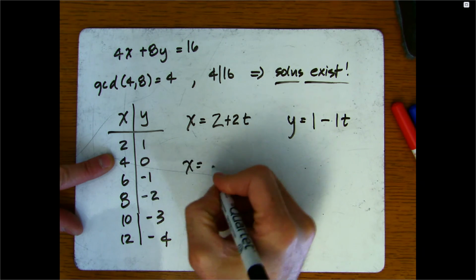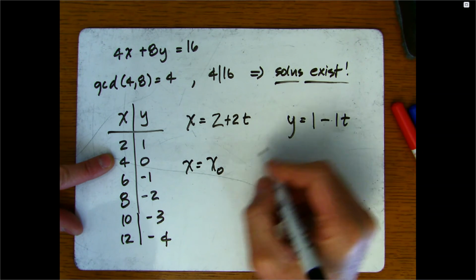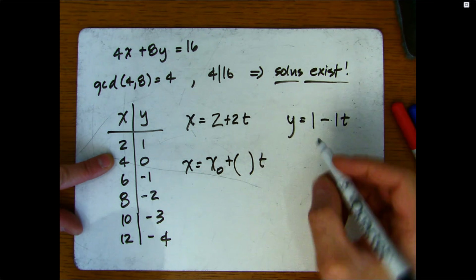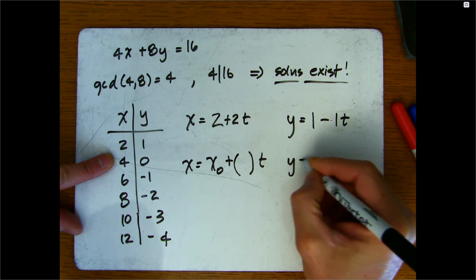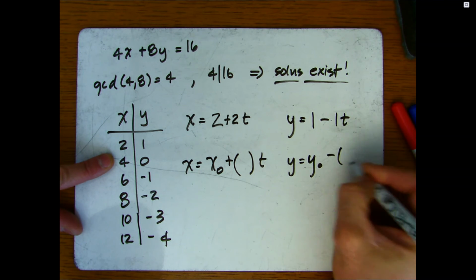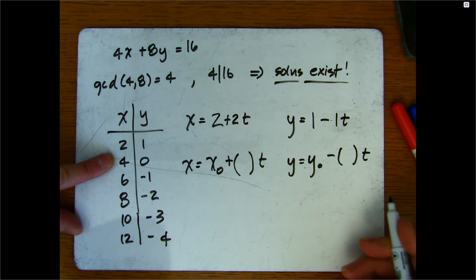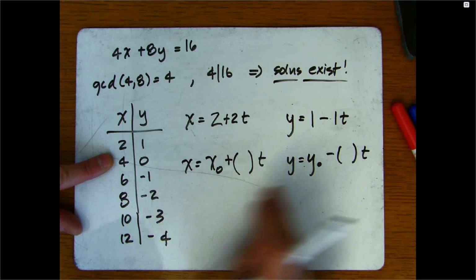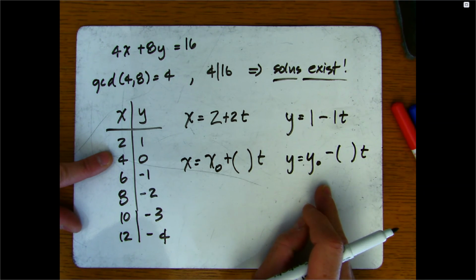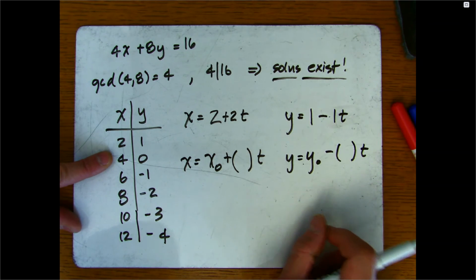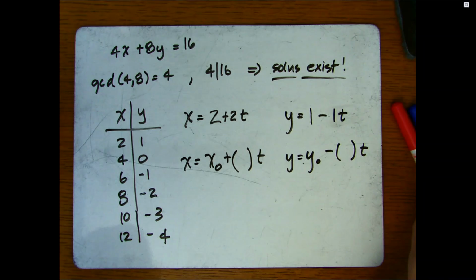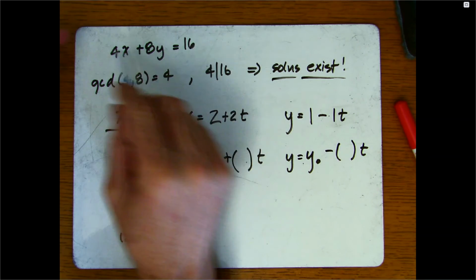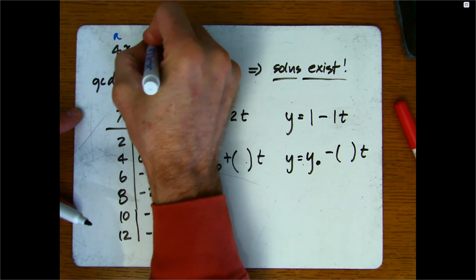We could generalize this by saying I start with some x naught and I add some number a certain number of times, and I start with some y naught and then I subtract a certain number of times. And the question is what goes in these two boxes? It seems intuitive that we start at some spot, and if I increase x, I'm going to have to decrease y. One thing I want to draw your attention to is that this number is 2, and it should be somehow dictated by what a, b, and c are.